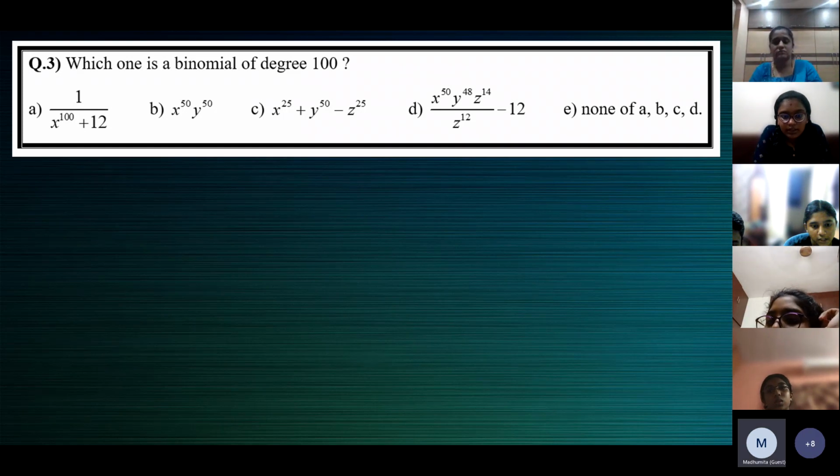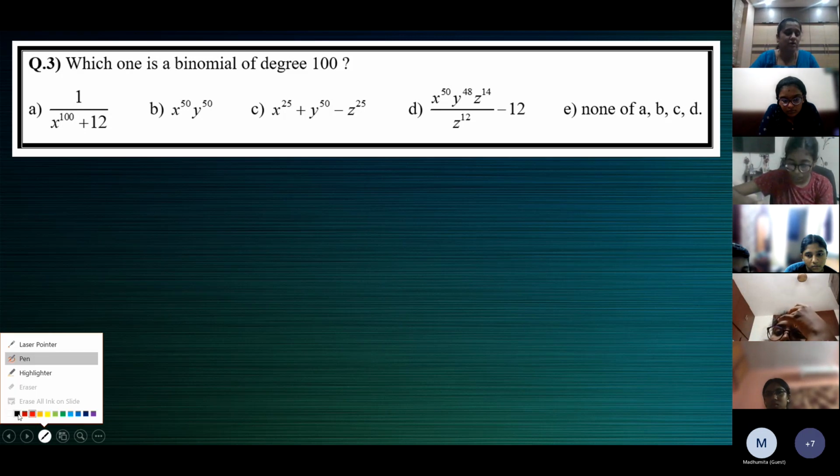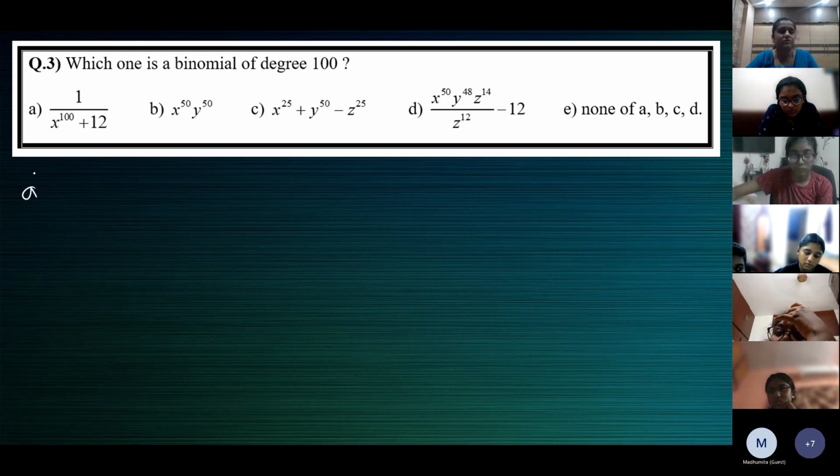It is not a polynomial. The expression in option A is not a polynomial because, you need to see it like this.